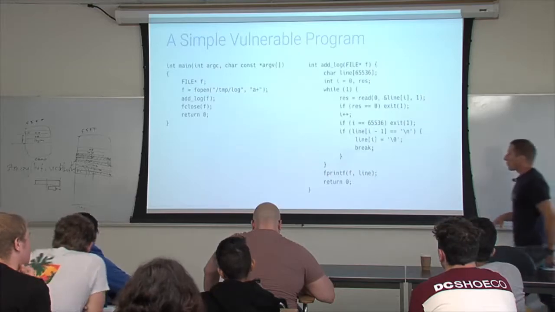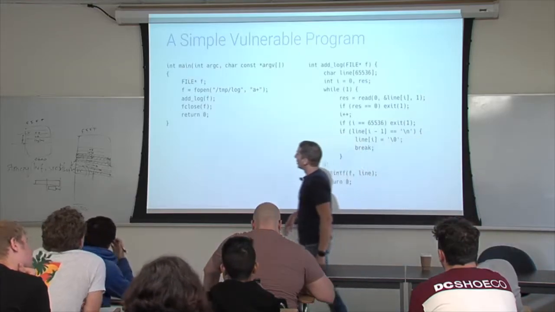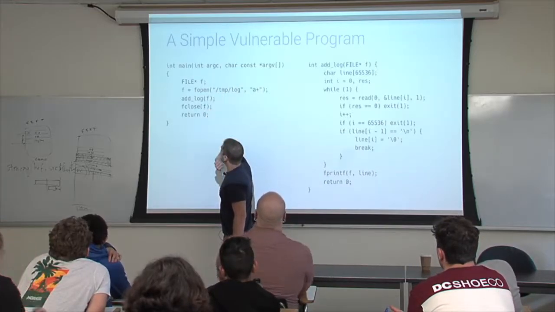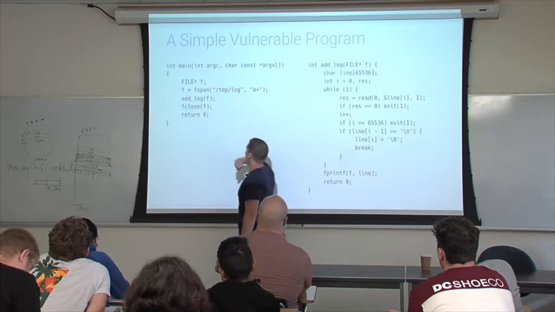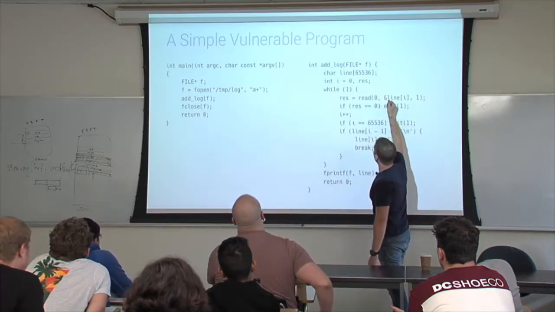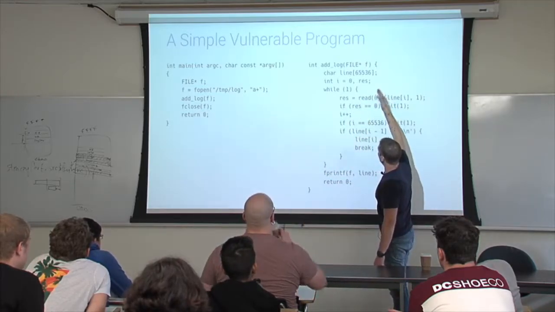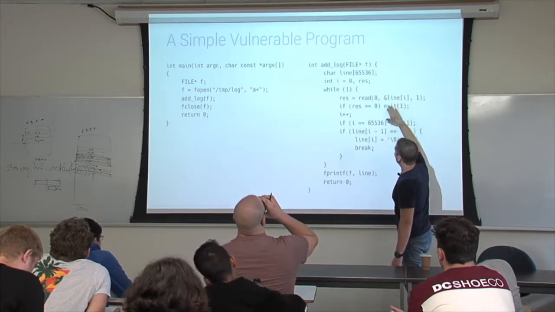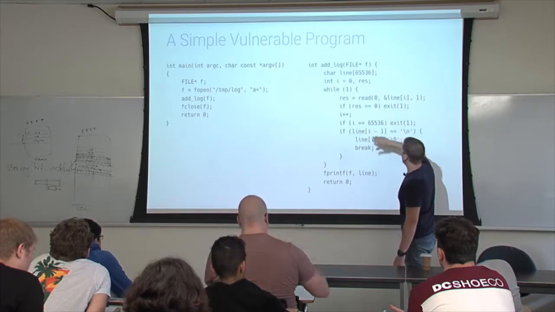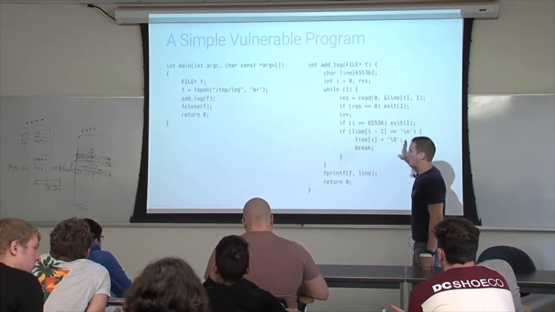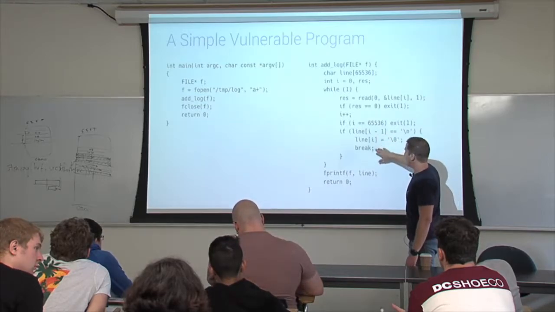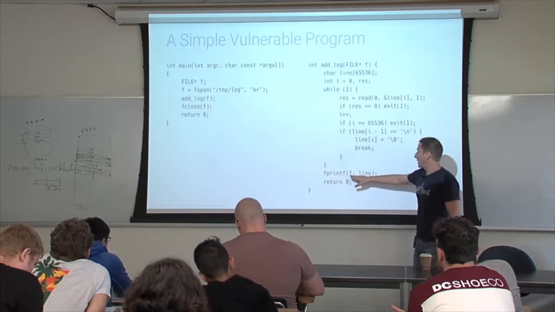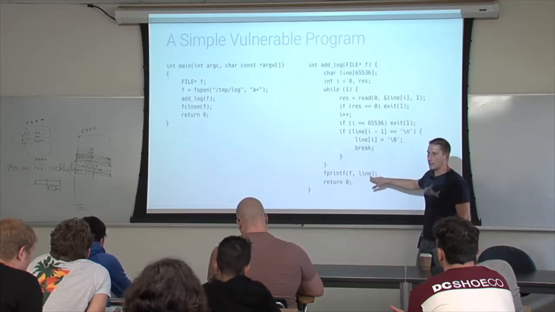So look at this vulnerable program, and you had the classic: open a file, add a line to the file, close the file. Great. When you add the log, there is a line that is 40K, read from the input, and if it fails, it goes away. If it's too big, it exits, so there is no buffer overflow here. And then it stores the line, and at the end, says fprintf on the file, the line.